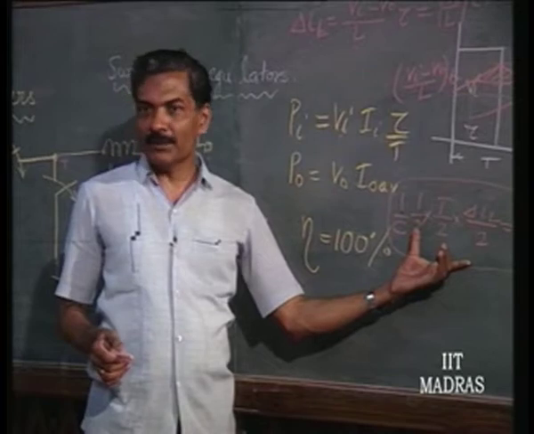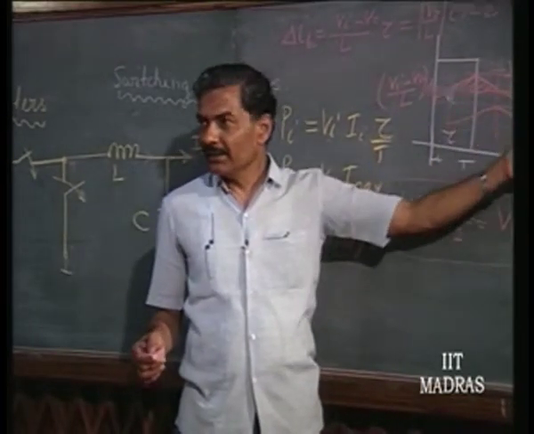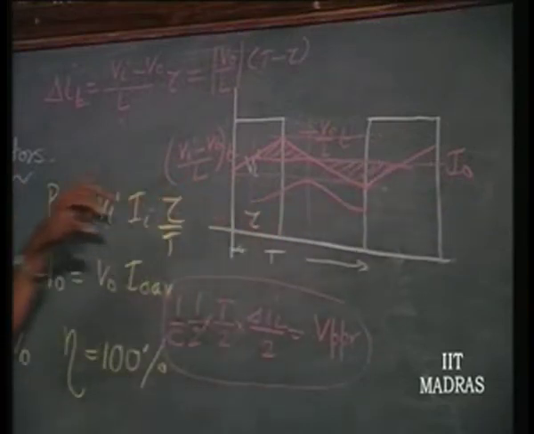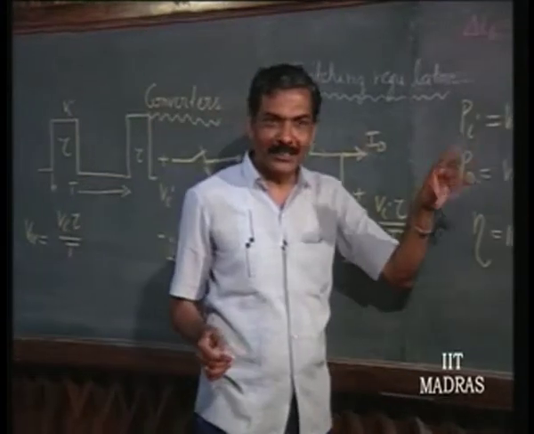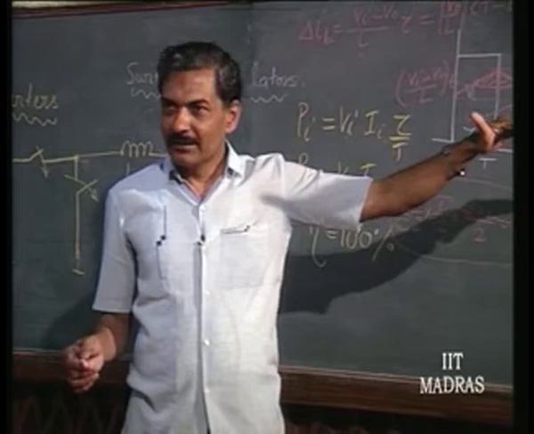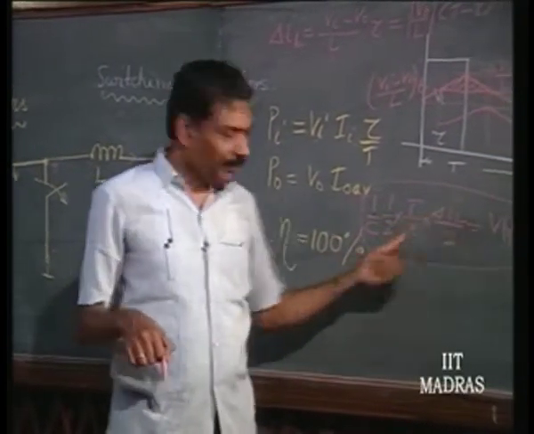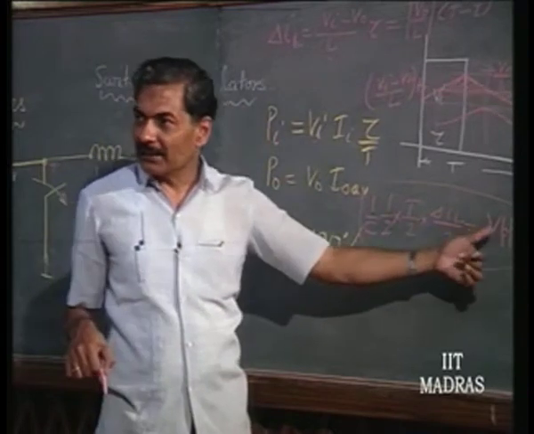Why do I say approximation? Because strictly speaking this is not triangular, because I have assumed output voltage to be constant. But now I am proving that output voltage has a ripple of a very small extent. So, this peak to peak ripple you will make very small purposely by using this value of the capacitor here.